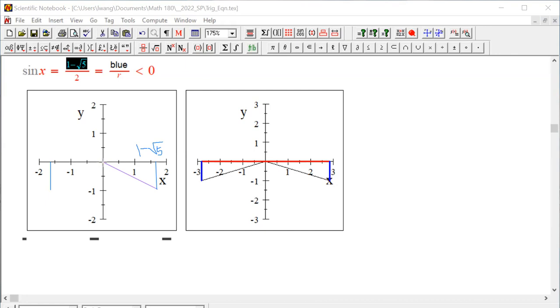We have two blues here, one blue and another blue, at the same value, 1 minus root 5, and the R is 2. Then you say, can we find the red? Of course we can find the red. This is red, and that's the red. You see the picture already looks similar. So let's go about finding the red.